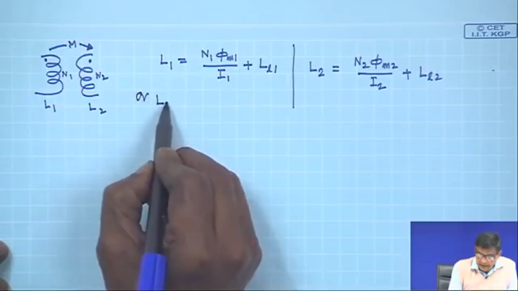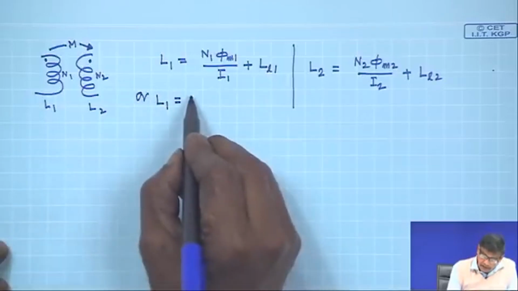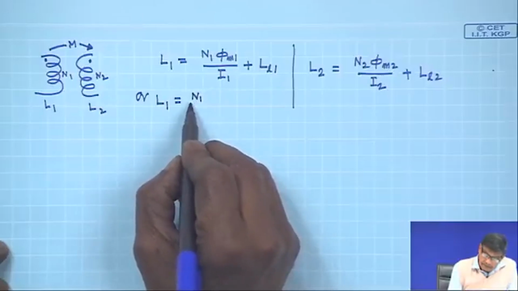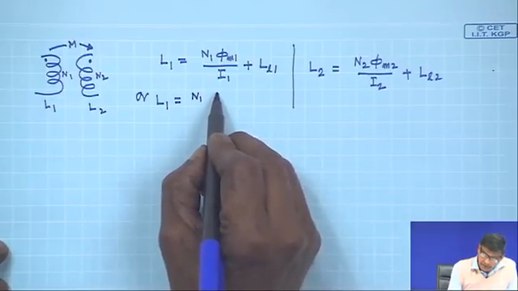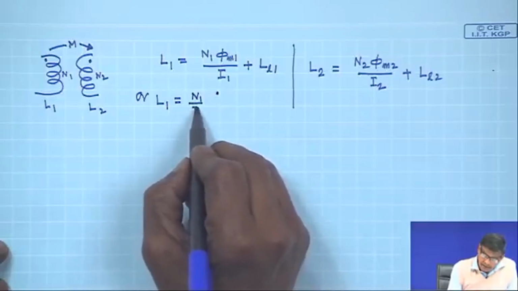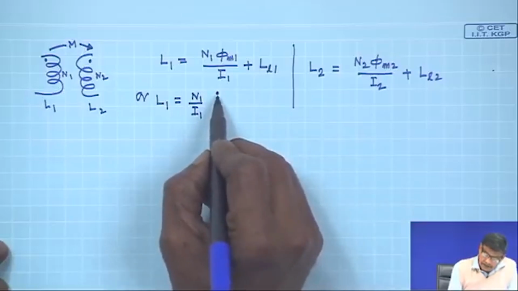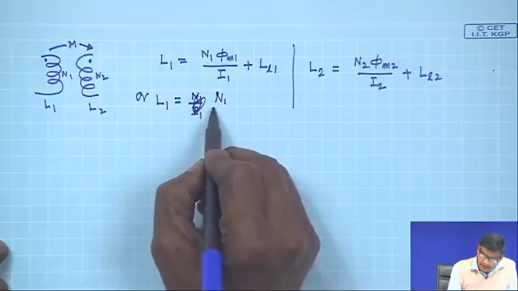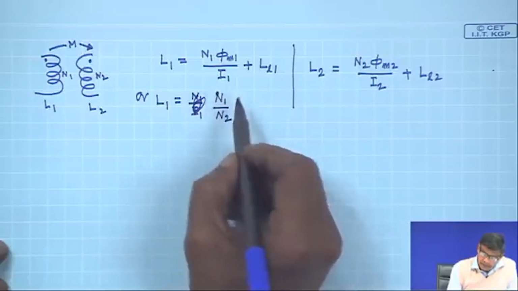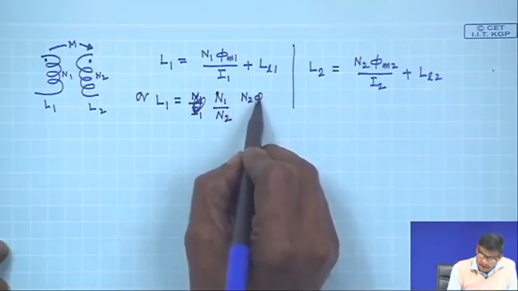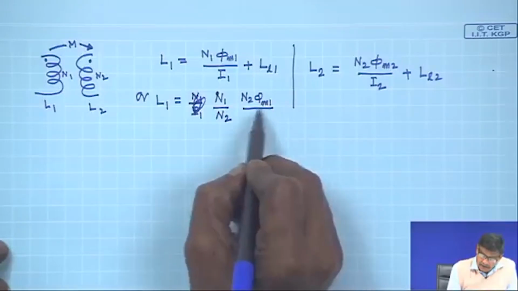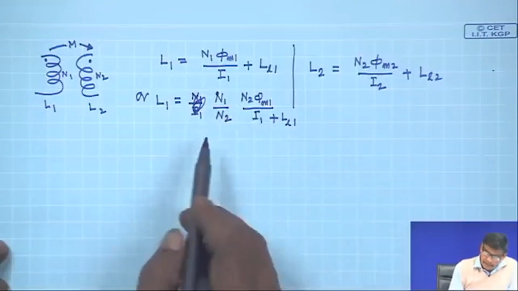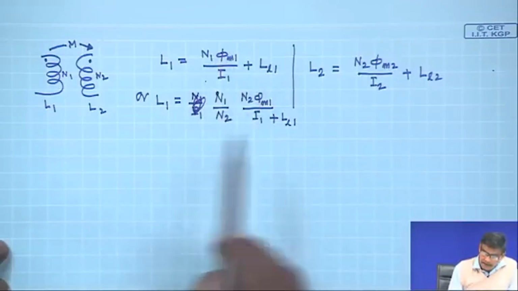I can write L1 is equal to N1 by I1, and what I will do is multiply and divide by N2. So, this can be written as N2 phi m1 by I1 plus L_l1.